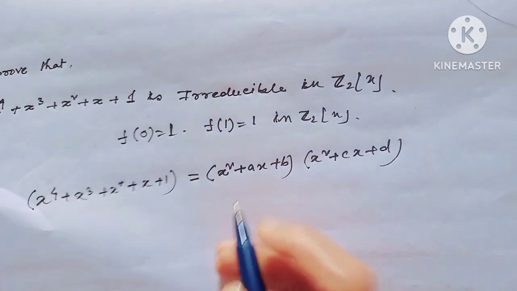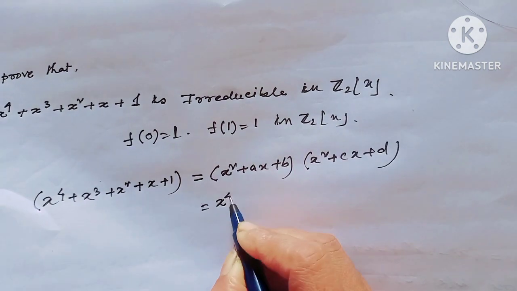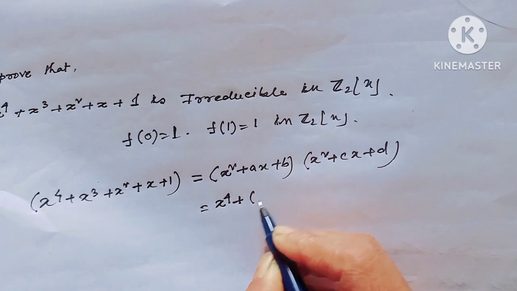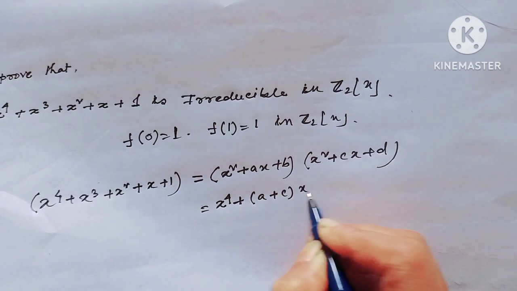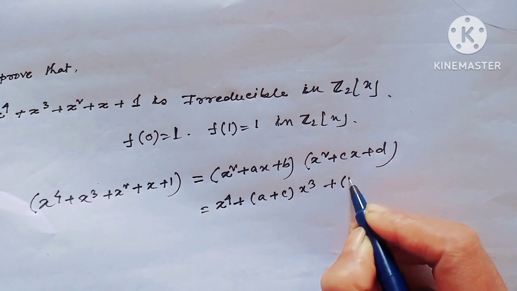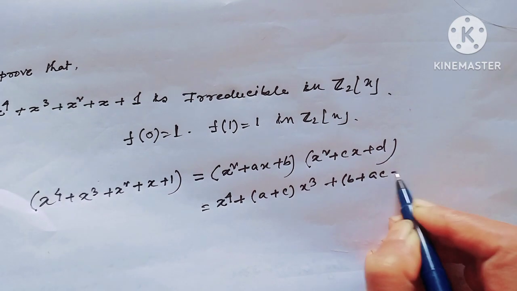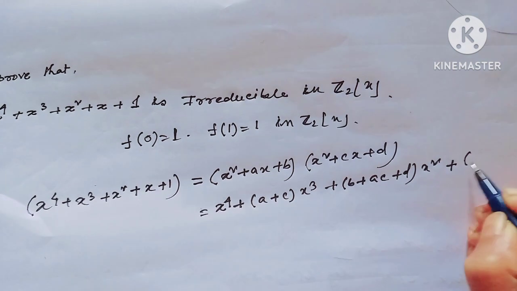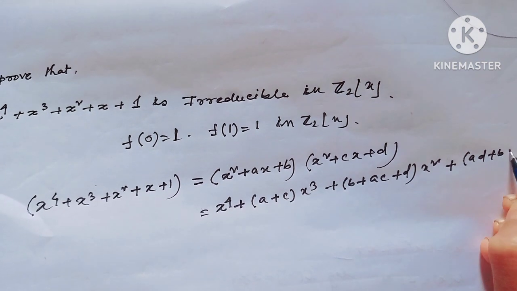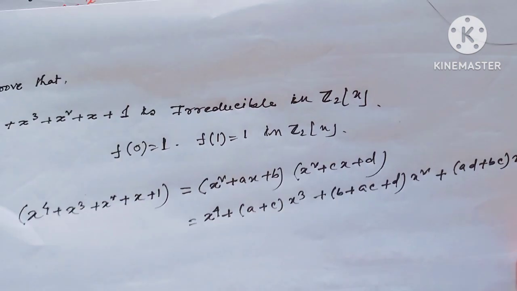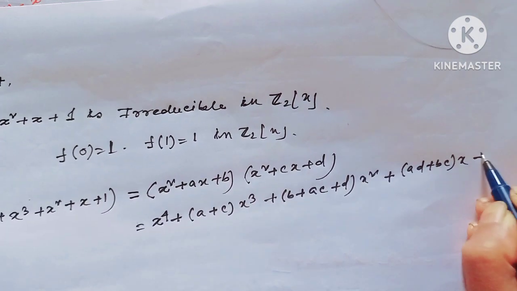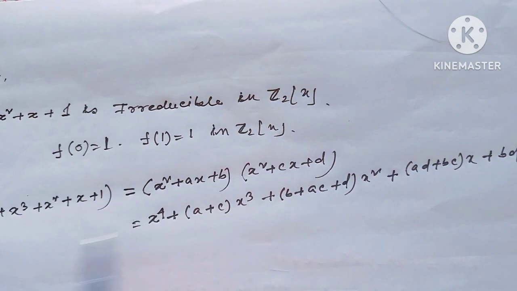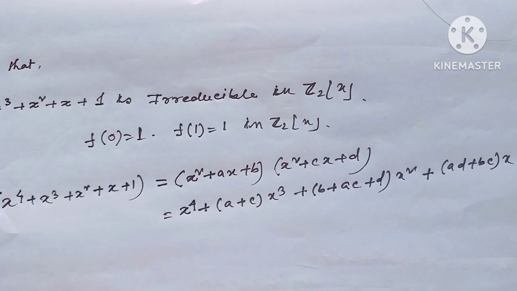Now calculate, obviously this is equal to x to the power 4 plus (a plus c) times x cube plus (b plus ac plus d) x square plus (ad plus bc) times x plus bd. Now compare both sides.